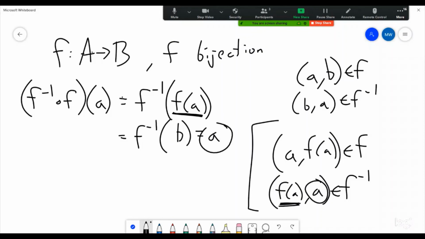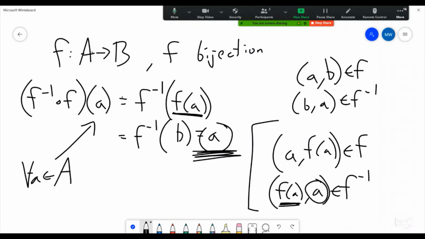So I'm trying to put this together with the definition that you gave me before, where you said for all a. Yeah, so what we have is, this right here is saying that for all the a's in our set A, f inverse of f of a is equal to a.